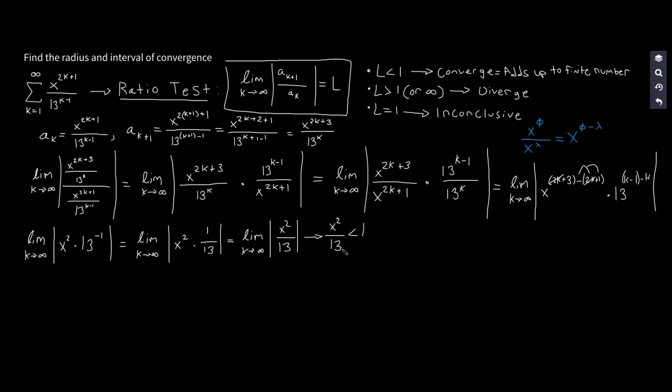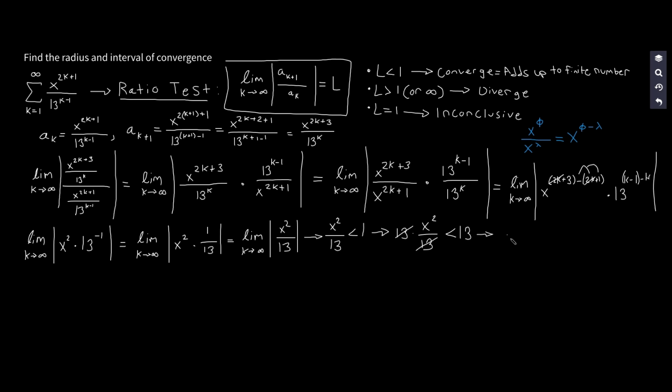So if we multiply both sides of the inequality by 13 to get x by itself, we're going to have 13 times x squared over 13. These 13s are going to cancel out. The inequality sign is going to stay the same because we're not multiplying or dividing by a negative term. So we will multiply this 1 by 13. So we'll just write in 13.